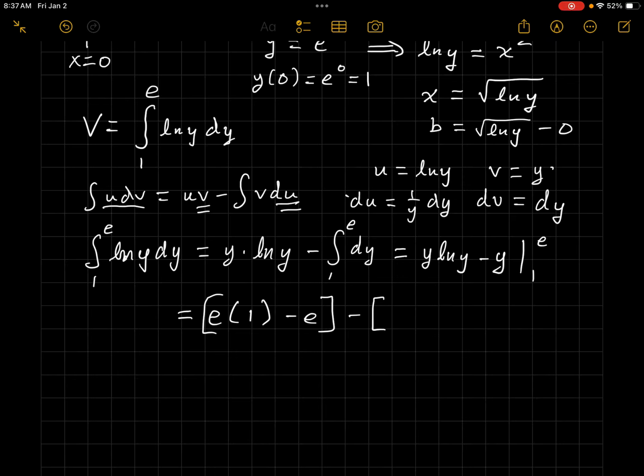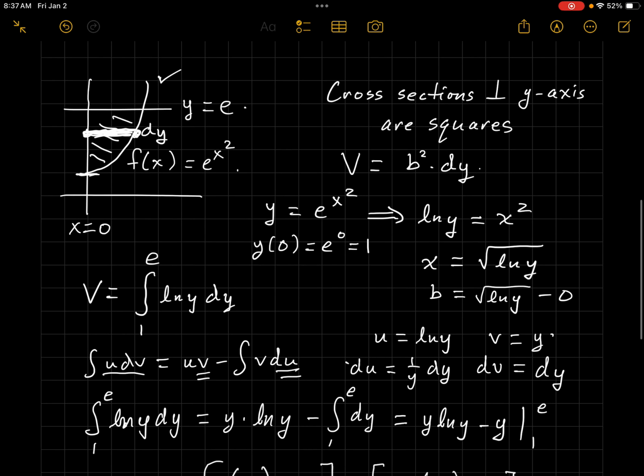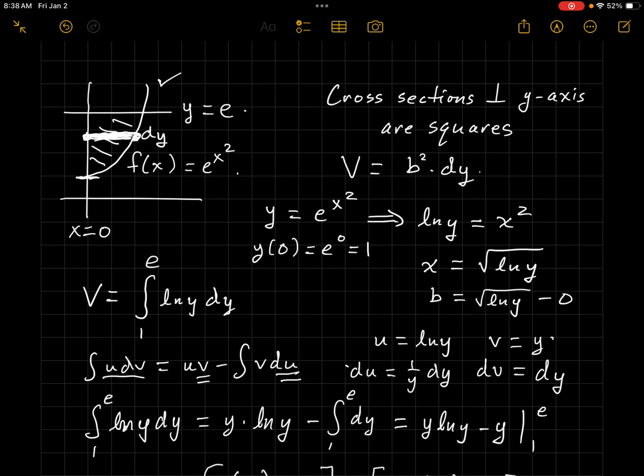Plugging in the lower limit, I get 1 times the natural log of 1 minus 1, which simplifies down to 1. So the volume of these cross sections, which are squares perpendicular to the y-axis, from y equals 1 to y equals e, is 1.